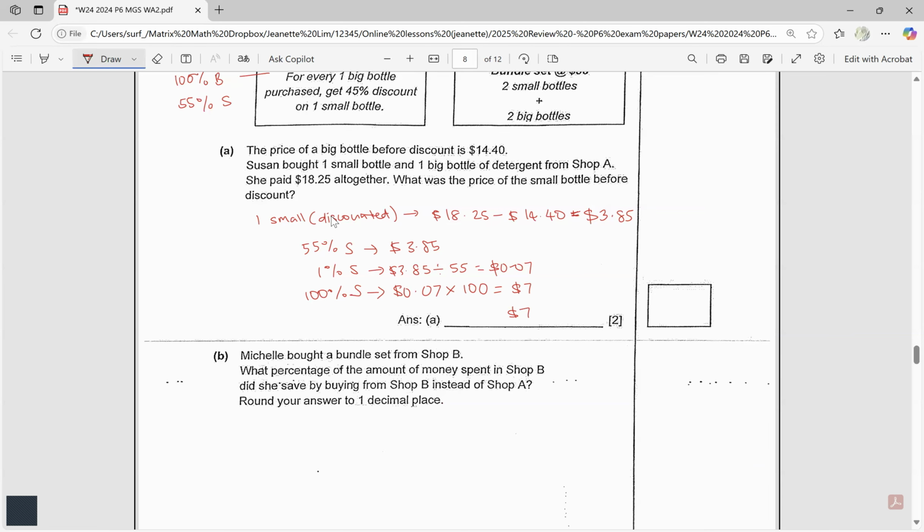So in shop A, two big plus two small, which is 2 times 18.25, $36.50. So if she buys from shop A, she has to pay 36.50.